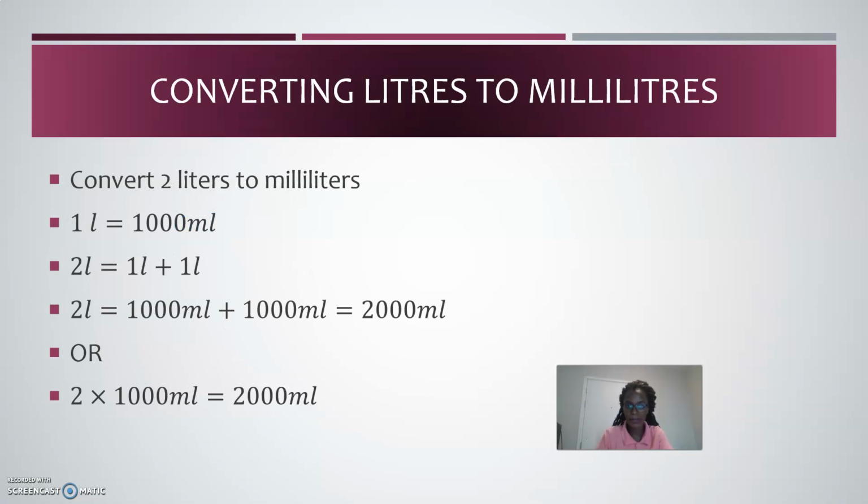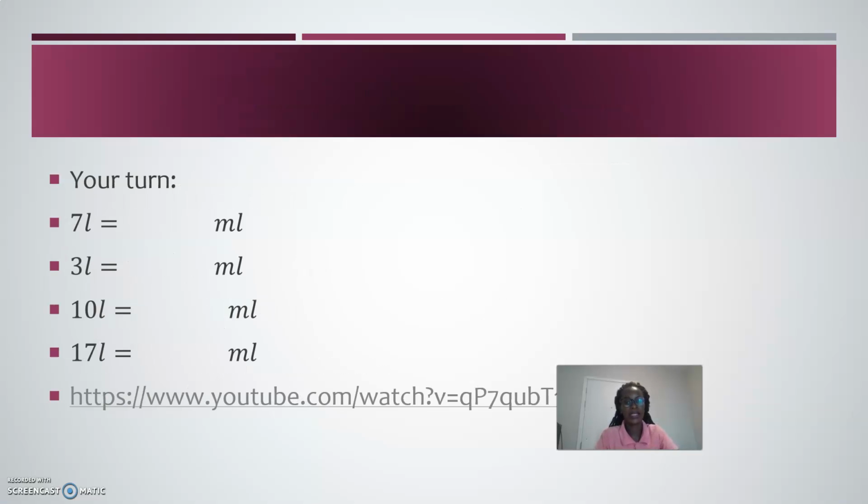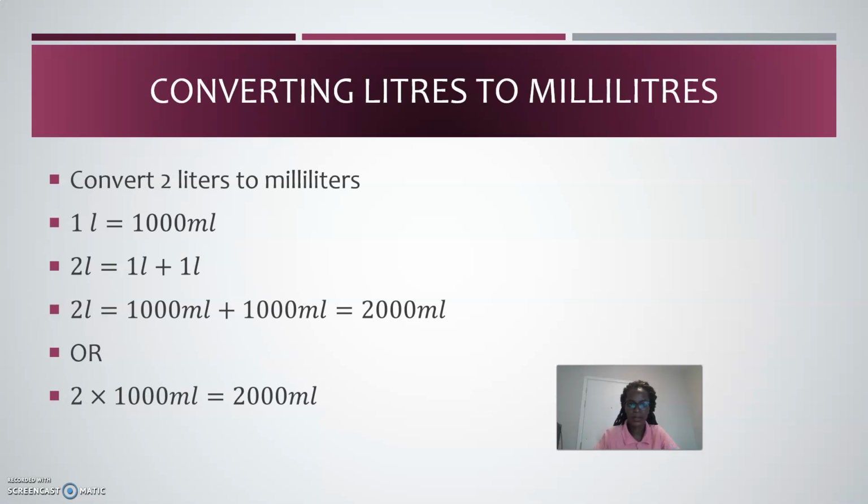Okay, let's move on to converting liters to milliliters. Now just like the way we did with length, we converted from meters to decimeters and then decimeters to meters. Today we are only going to be looking into one. In our next lesson we'll do something else.